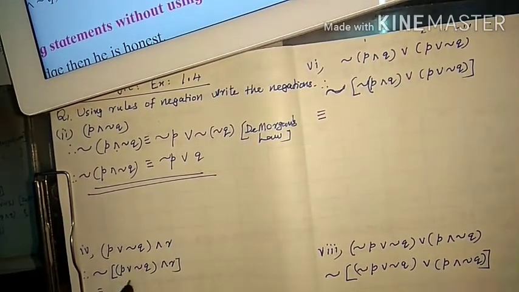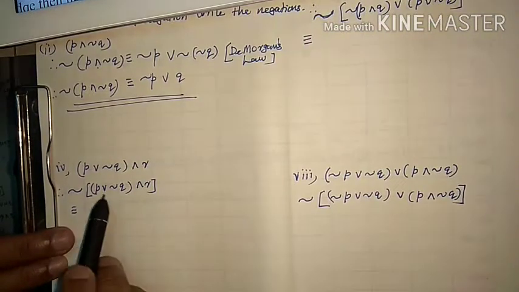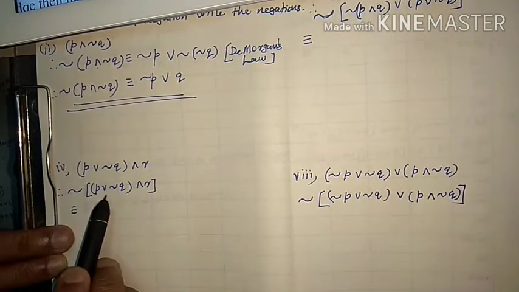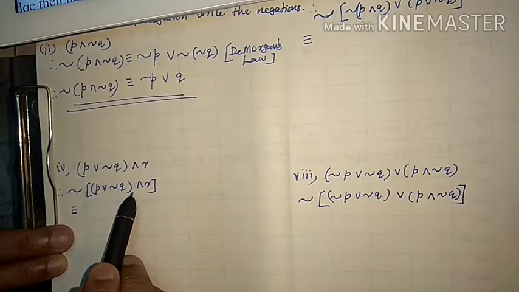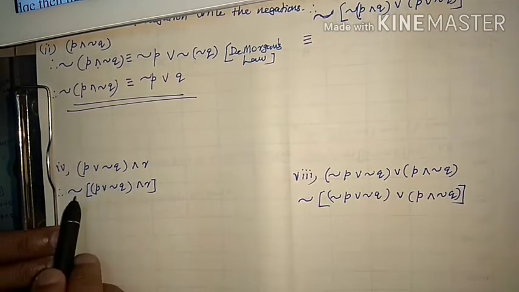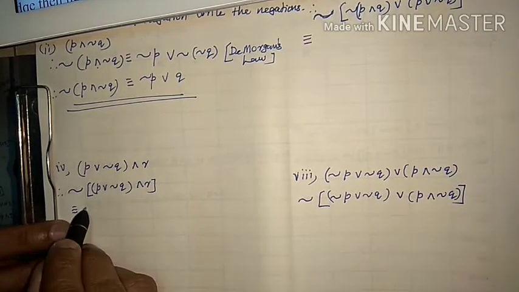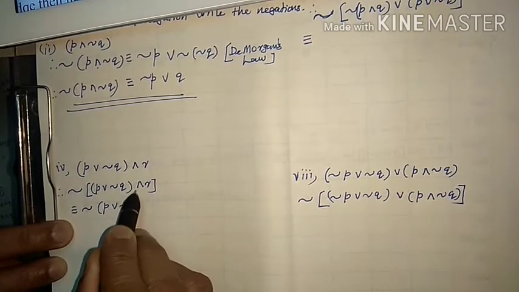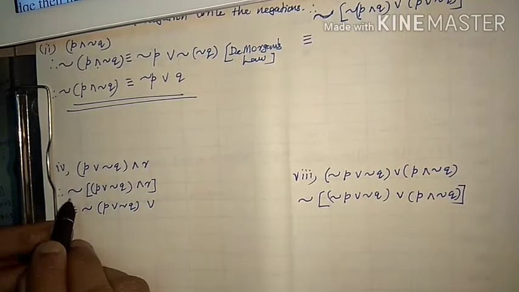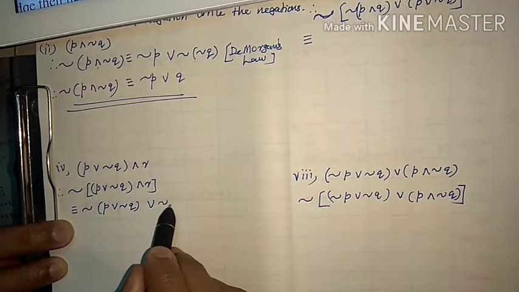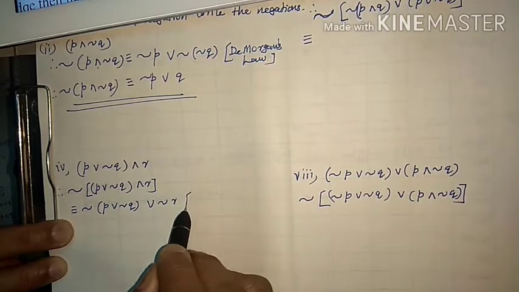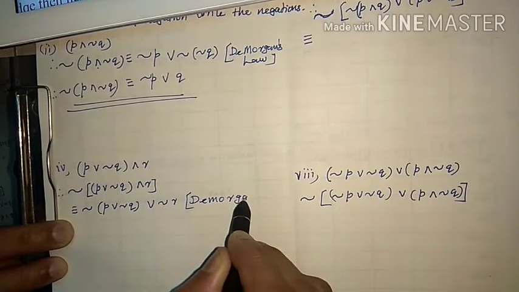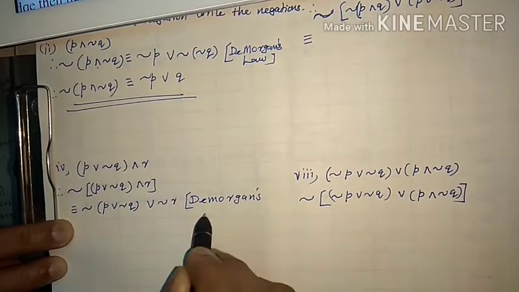Now see here, negation of, suppose the first one is one single statement P, conjunction second one. So negation for first, the conjunction changes into disjunction, negation of second. That is negation of P disjunction negation Q. This conjunction becomes disjunction, negation for next and also. Which law? It is also De Morgan's law.